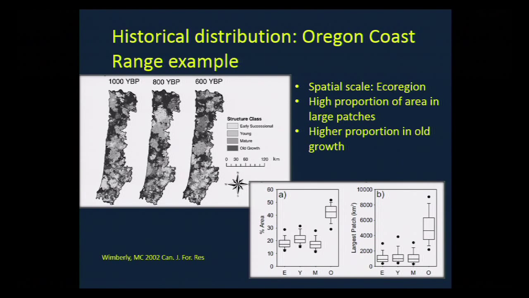The other thing he looked at was the large patch dynamic in the Coast Range. And what he found was that the median large patch through time was somewhere around 250,000 acres in the old growth, and obviously ranged quite a bit, with the remaining structure stages being somewhere around 100,000 acres. So those are some big patches.